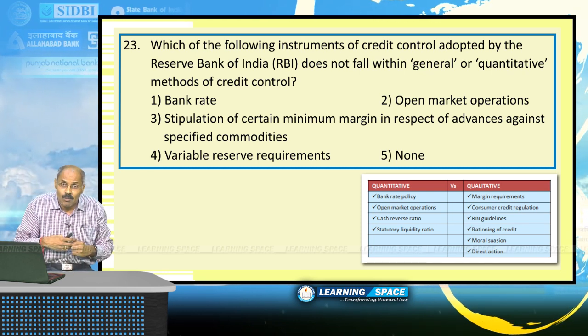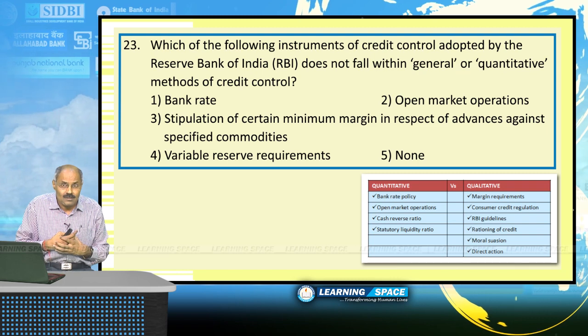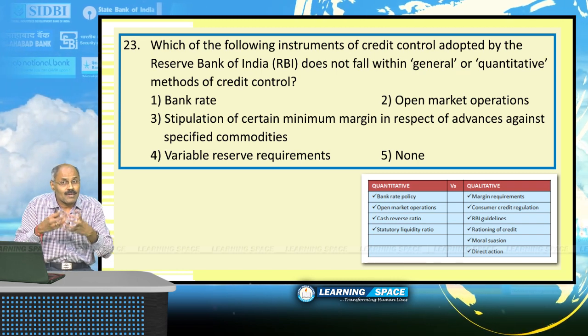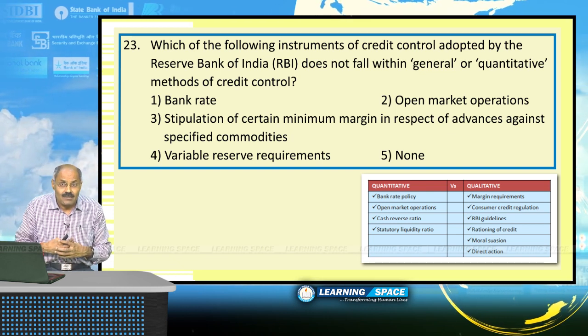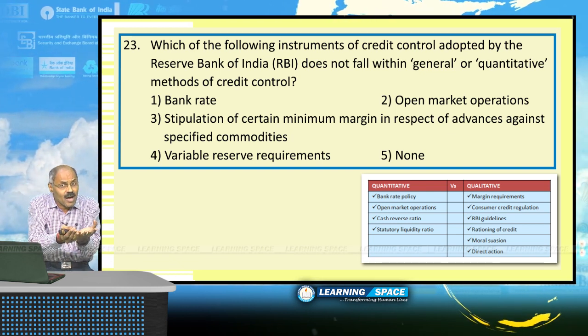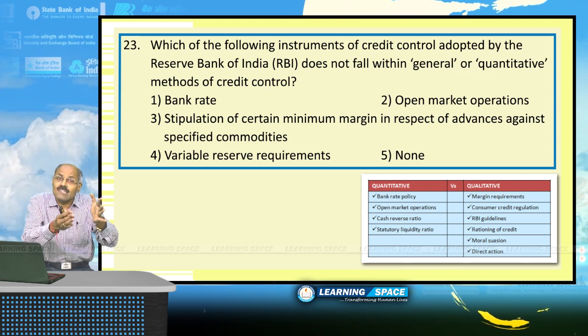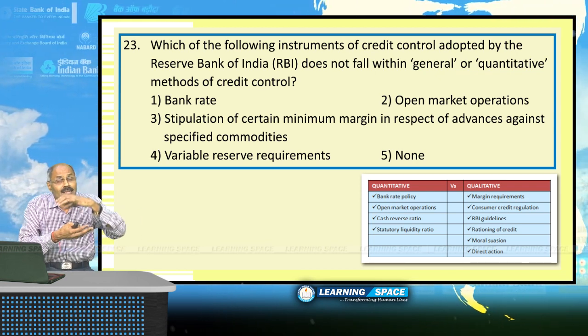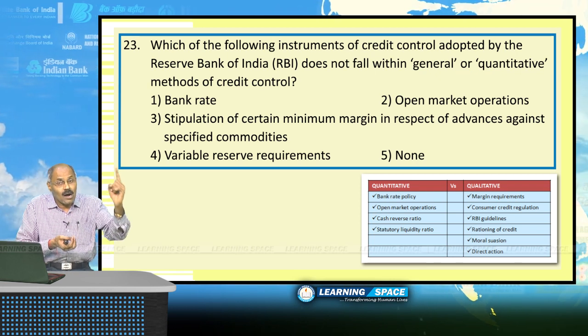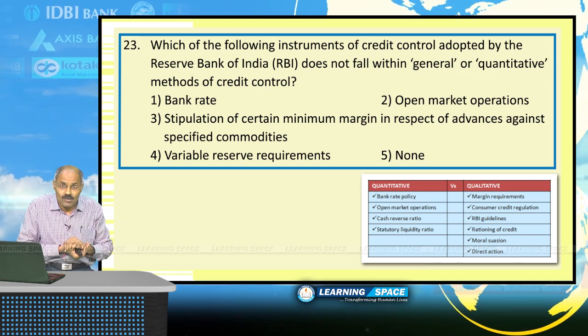Third thing is open market operations. What are open market operations? Open market operations are nothing but buying and selling government bonds in the open market. That also controls money supply in the market. So these are called quantitative measures exercised by RBI directly, general or quantitative credit controls.